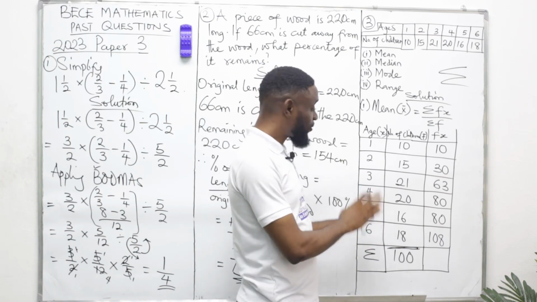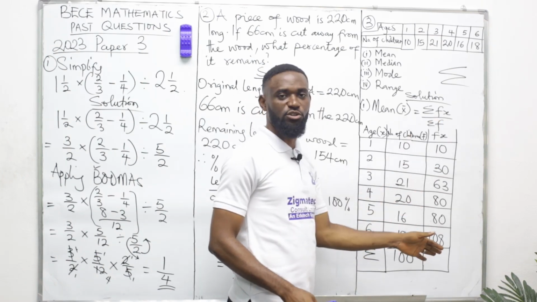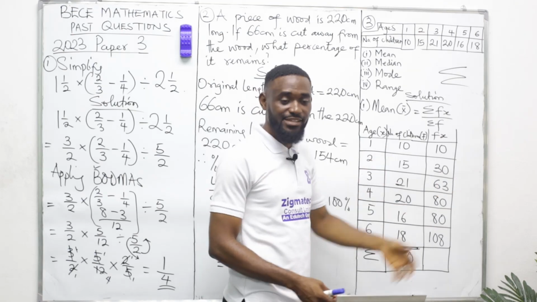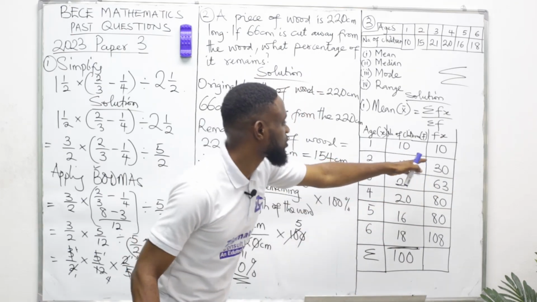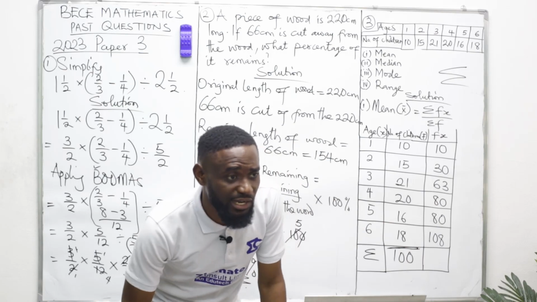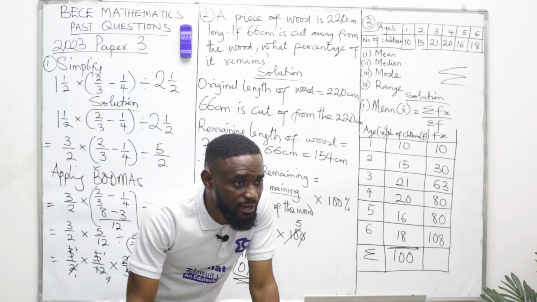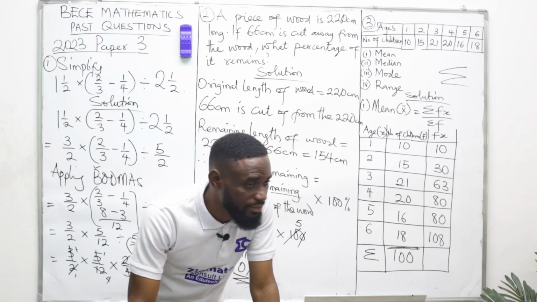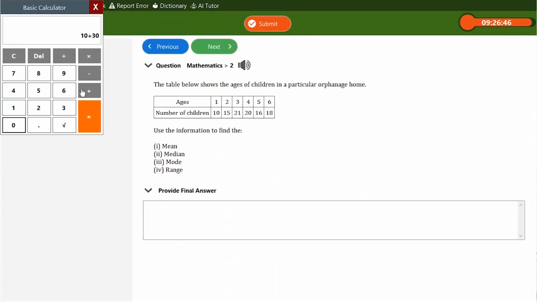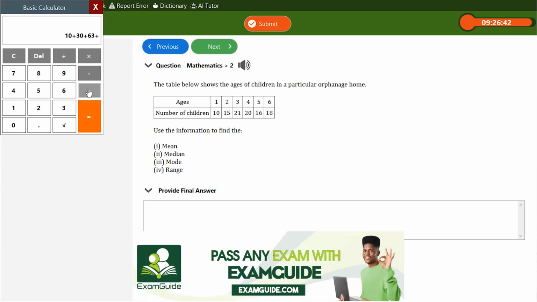Okay, so having gotten the frequency, we now go to summation of the fx, right? So we just sum everything here. Let's do that with a calculator from the screen. All right, so we have 10 plus 30 plus 63 plus 80 plus another 80, and then what again?